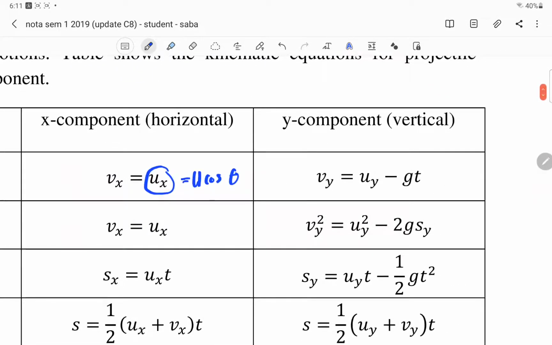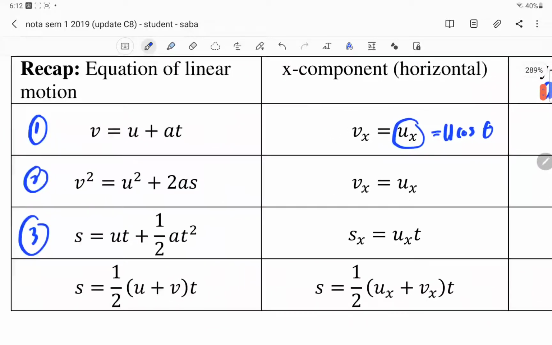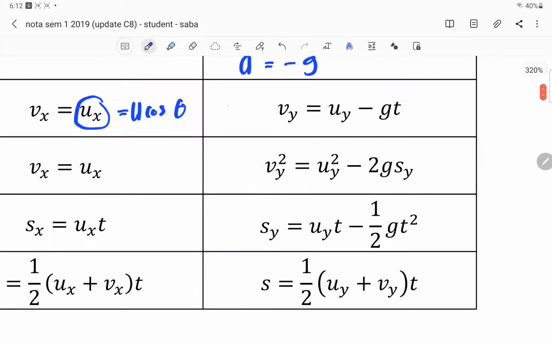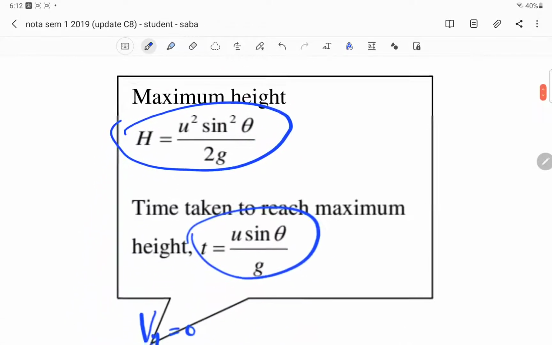Okay, dan dalam Y component, objek mengalami uniform acceleration A is equals to negative G. So kita boleh guna formula yang samalah, di mana kita ubahlah acceleration is equals to negative G untuk setiap 1, 2, 3 formula ni. So kita boleh dapat formula 3 formula yang ini. So minus ni adalah plus, minus dia jadi minus lah. Okay, now we go to the question.